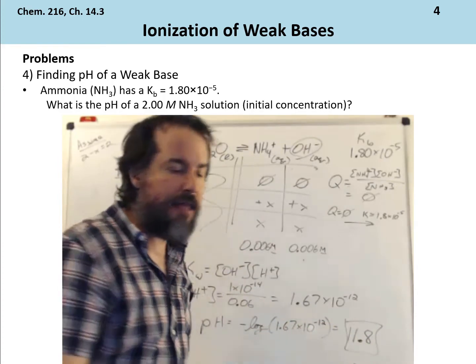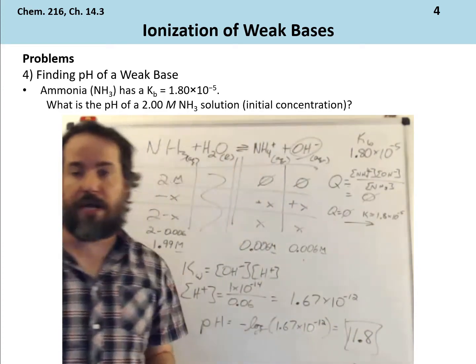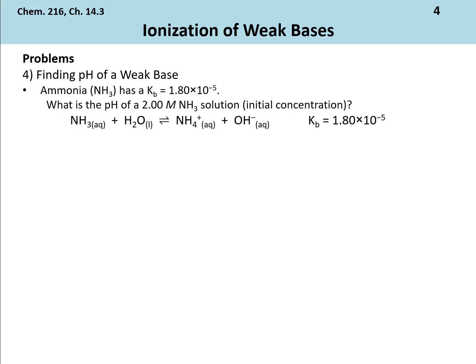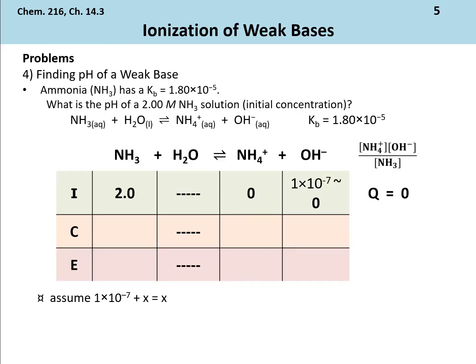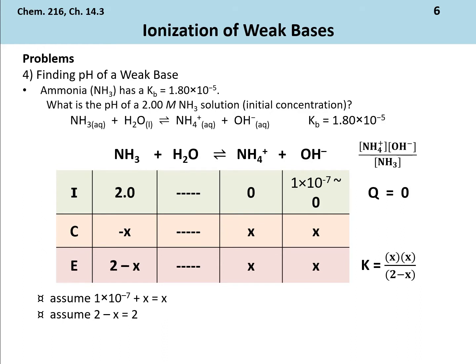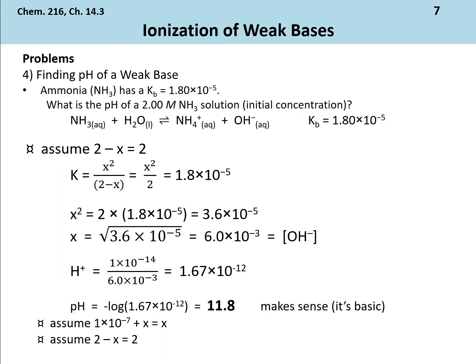Okay. All right, let's go ahead and look at this on the screen. So I start off with my equation. Right? That's always key. I have to have a reaction. Then I go ahead and put it in an ice table, figure out my change, and then figure out my x. In this case, my x is equal to my OH minus. So I then have to calculate H plus and then finally pH.